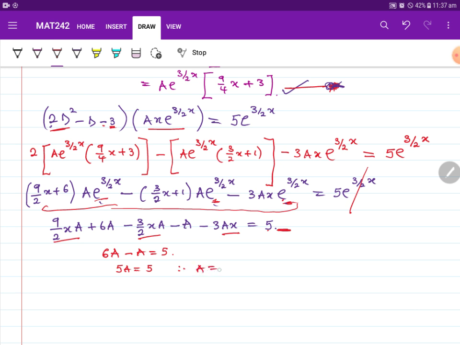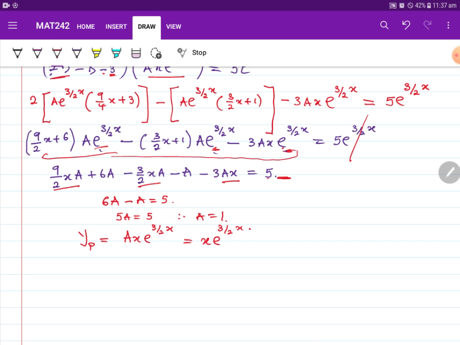Therefore A is equal to 1. Since A is equal to 1, we know that my yp initially is Ax e^(3/2 x). But what is A? 1, which is the same thing as x e^(3/2 x). So the yp that we've been looking for is the same thing as this.